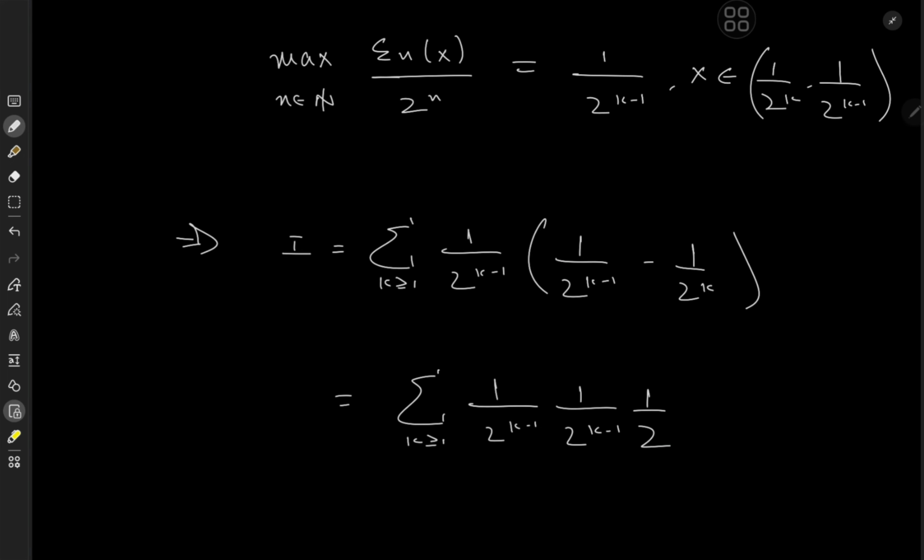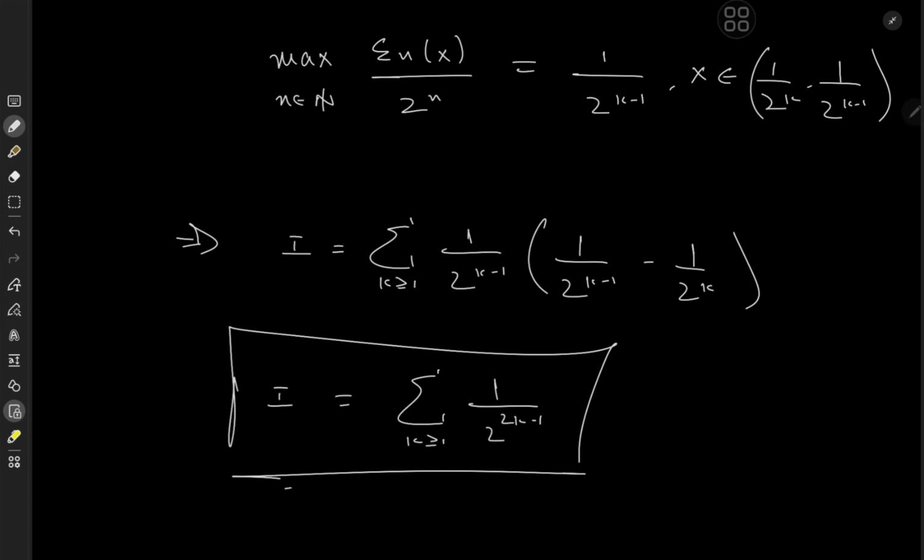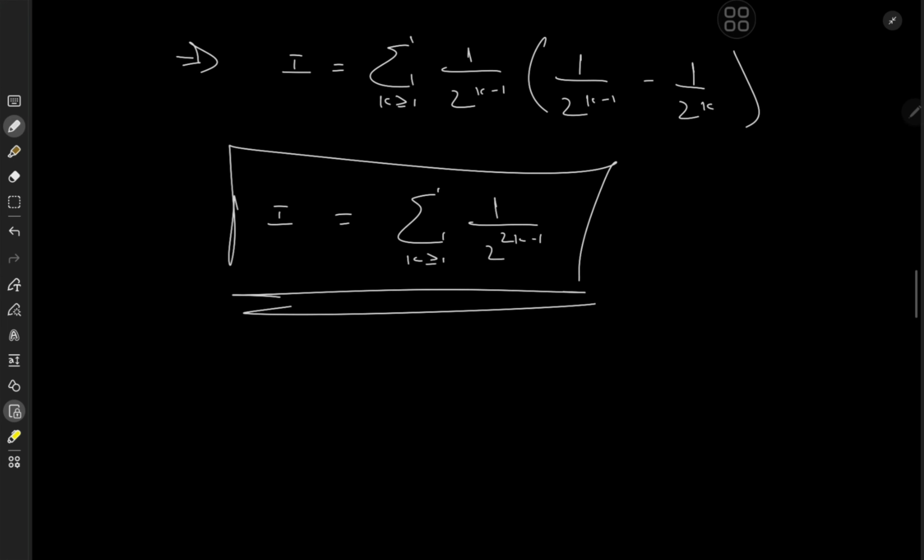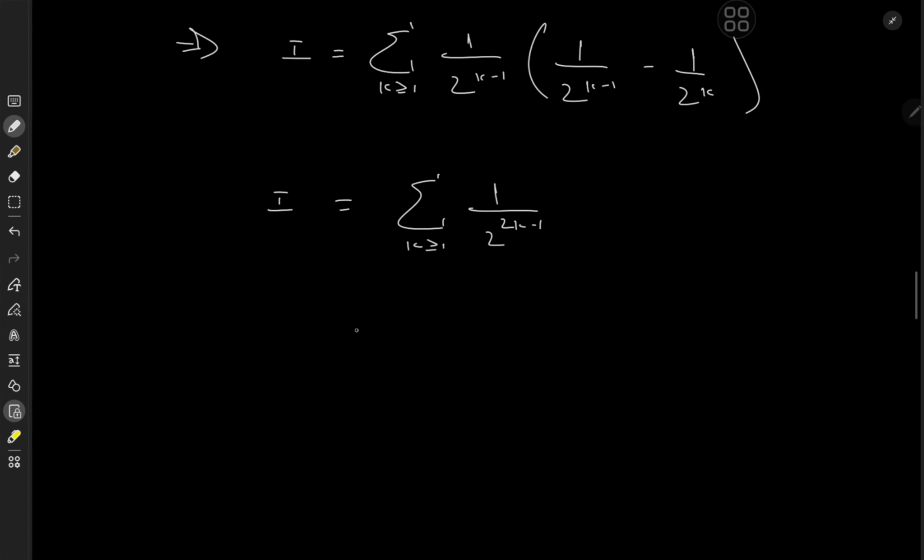So that leaves us with, wait, multiplying by 1/2, cancellation: 1 over 2 to the 2k minus 1, which is a geometric series, and that is absolutely beautiful because we know how to calculate a geometric series. I learned that just yesterday.